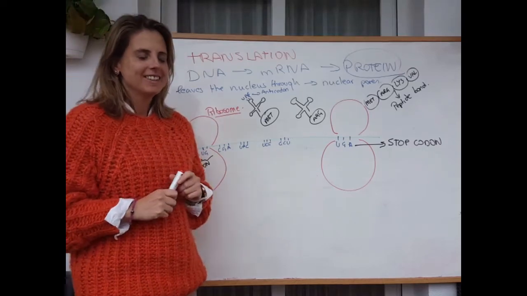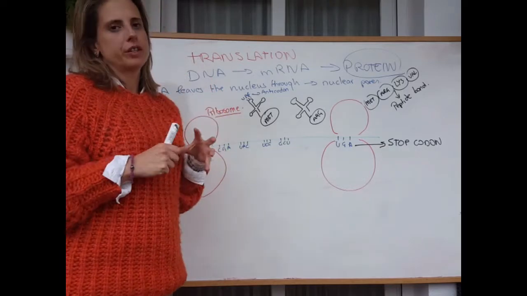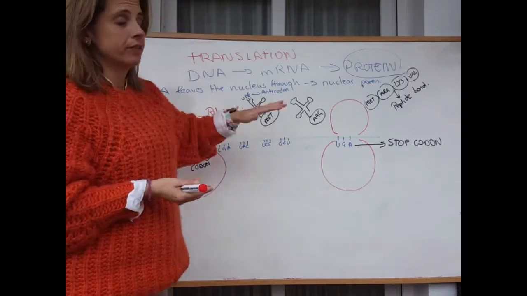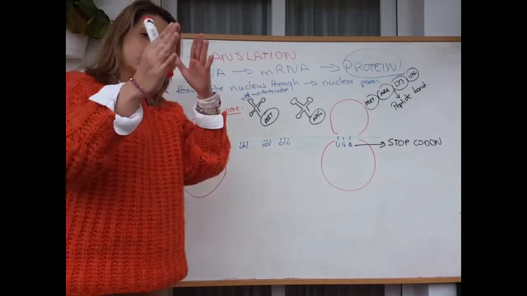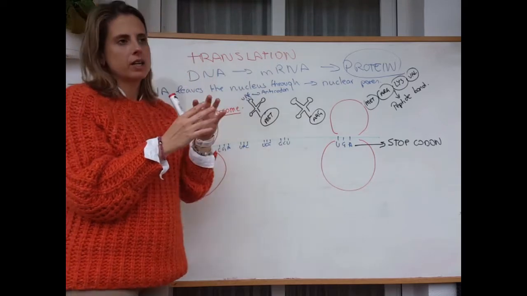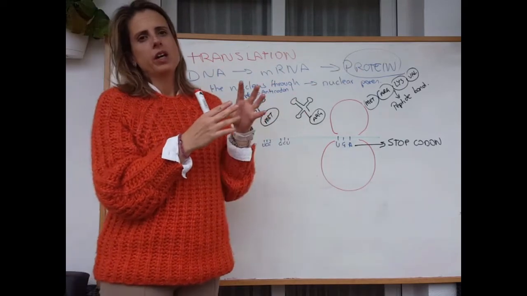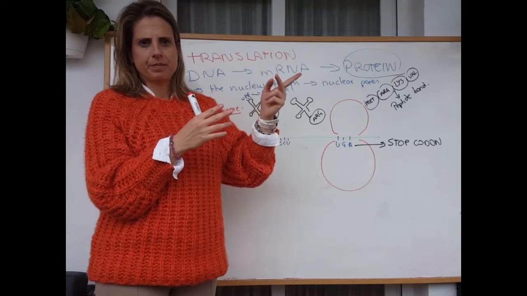Hello everybody. Today we are going to study the third process, translation, that is involved in protein synthesis. Remember that we talked about replication, which had to do with mitosis and meiosis, the duplication of the DNA.